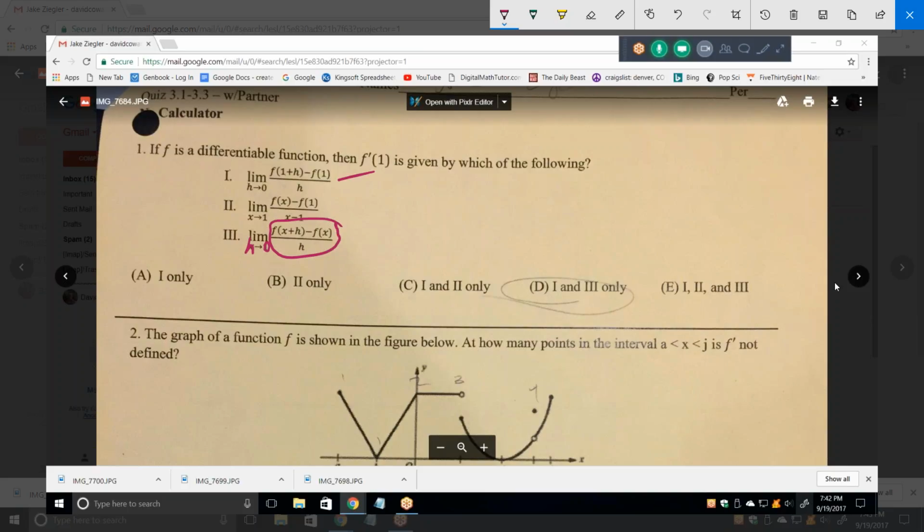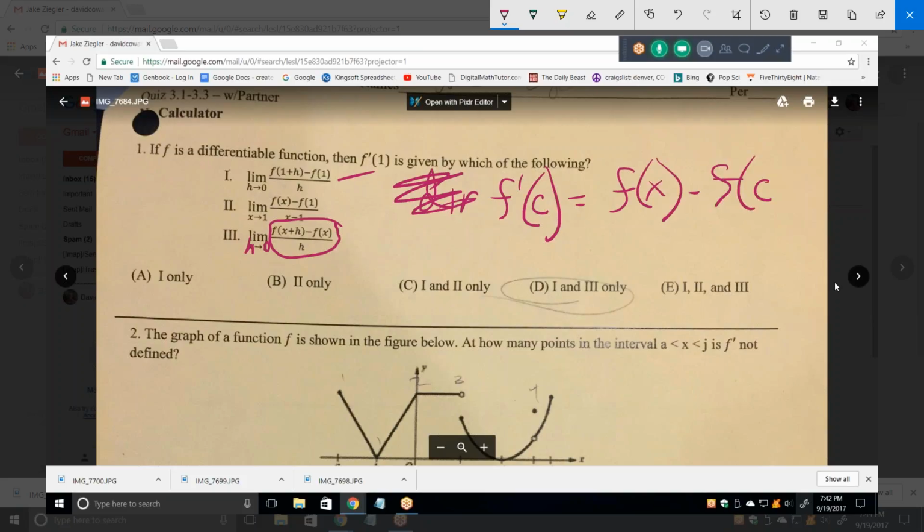Okay? In other words, there's another limit quotient definition where the derivative at a point, let's say f prime at c, equals f of x minus f of c all over x minus c as x approaches c.